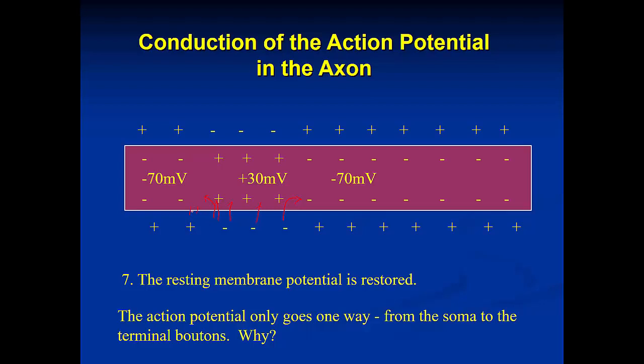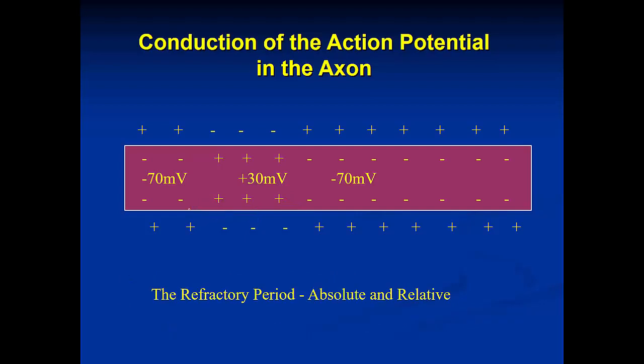Now, these sodium channels, why don't they open? The answer for that is going to be the refractory period. These are no longer capable of responding. Even though the membrane potential here may exceed threshold, these don't respond. They're refractory.